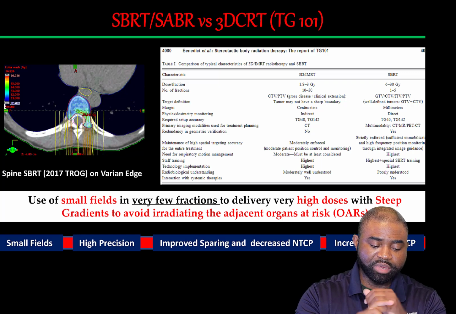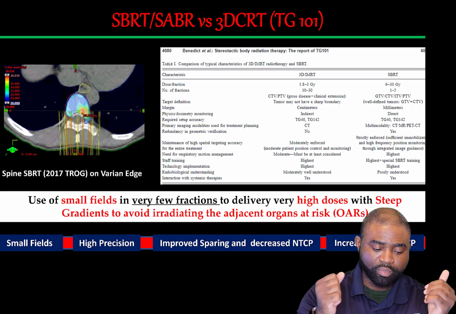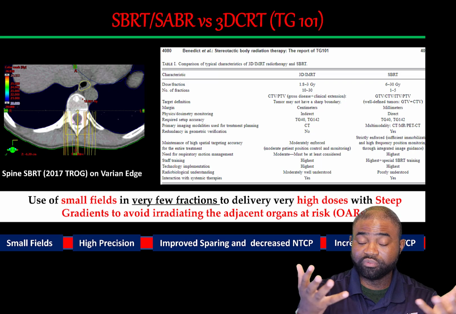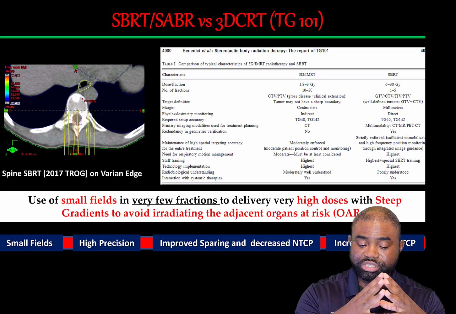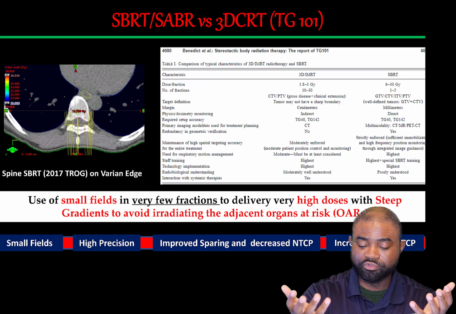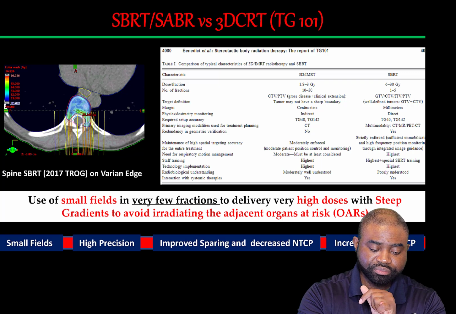Now, what you need to keep in mind is regarding redundancy in geometrical verification. There is none for conventional fractionations or conventional radiation therapy, and yes, it's very much used in stereotactic radiosurgery.